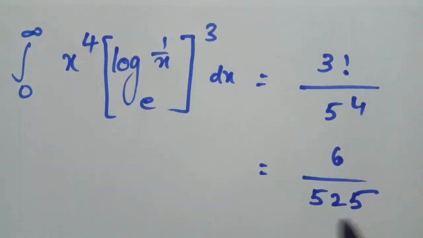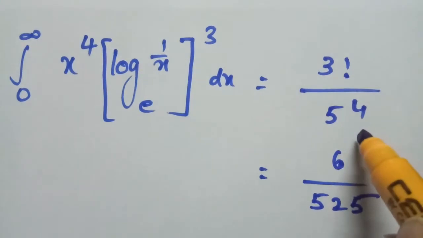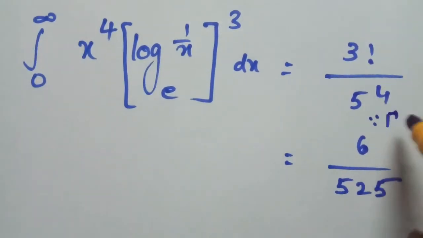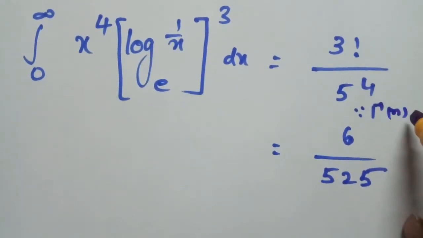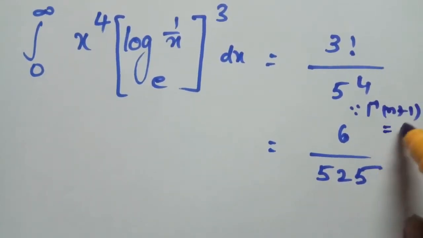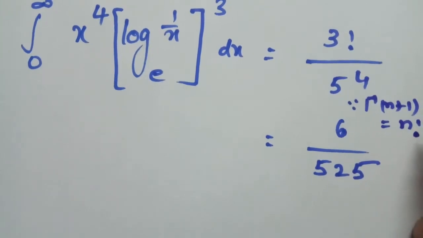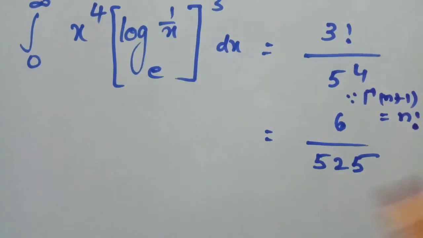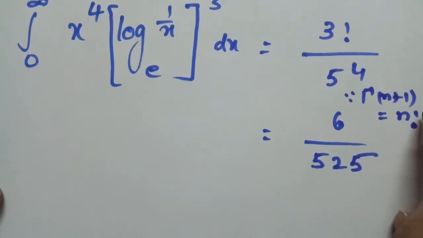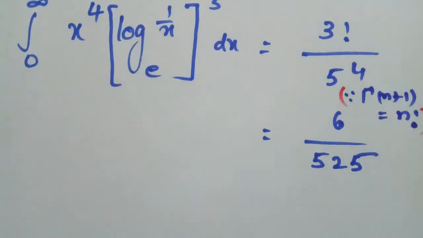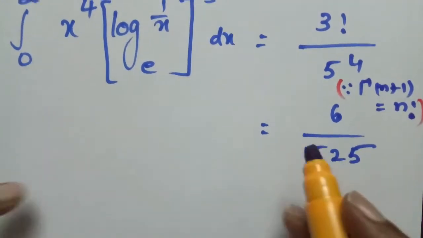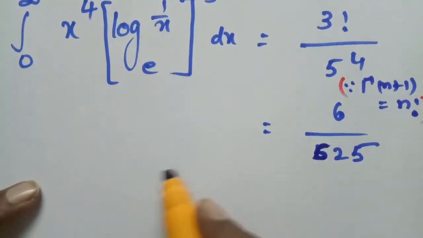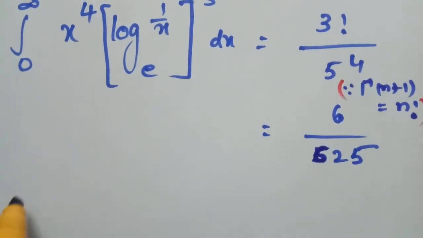Since gamma n plus 1 is equal to n factorial for n an integer, and also 5 to the power of 4 is 5 square into 5 square, 25 into 25, that is 625. This is our required answer.